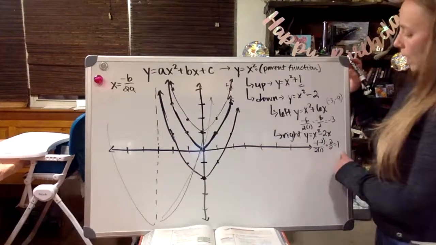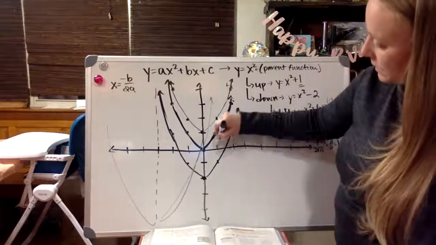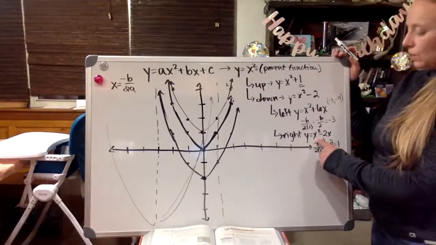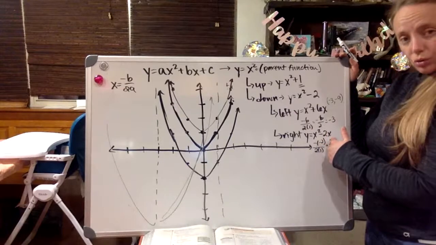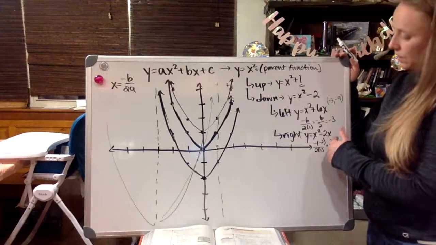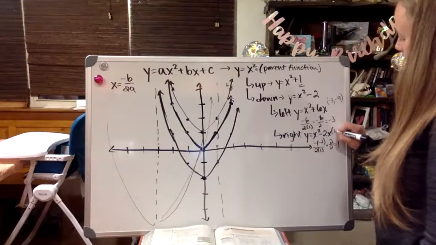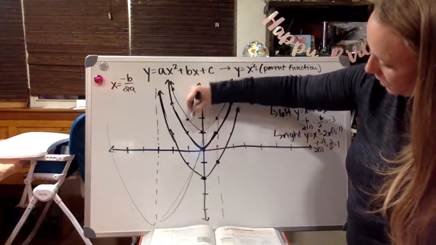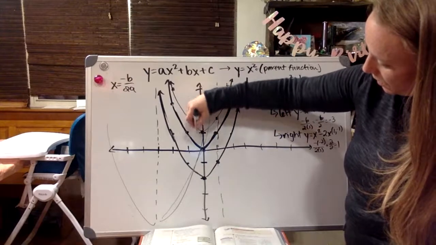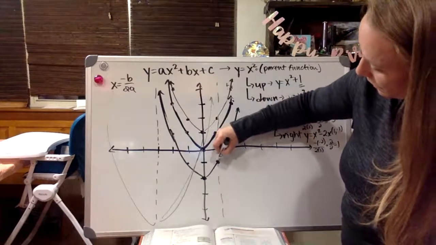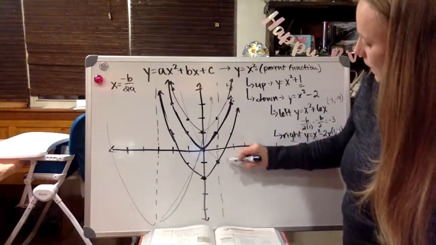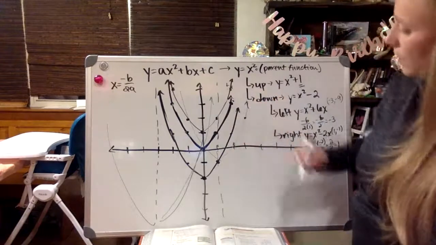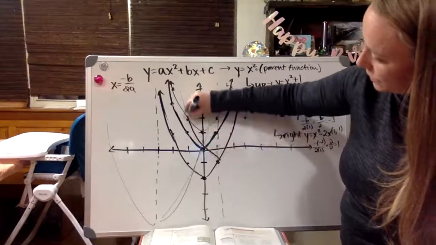If I put 1 into all of this, here's my new axis of symmetry. 1 squared is 1, minus 2 times 1, or minus 2, is a negative 1. So my vertex is 1, negative 1. So I've now shifted over here. I can see how it shifted to the right.